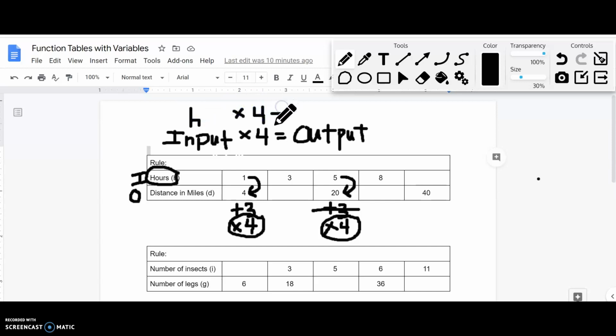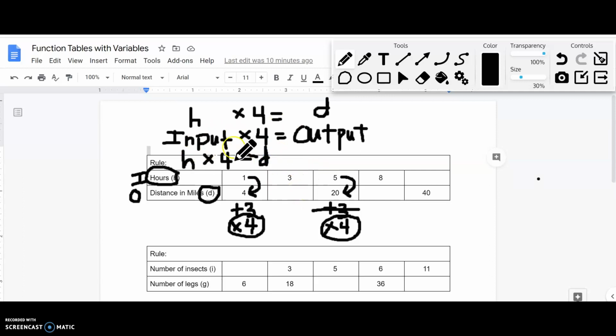I'm finding an output, so there's my equal sign. And my output is a variable of d. So I'm going to put d here instead. So I know now that my rule is hours multiplied by 4 equals distance in miles. There is my rule using variables.